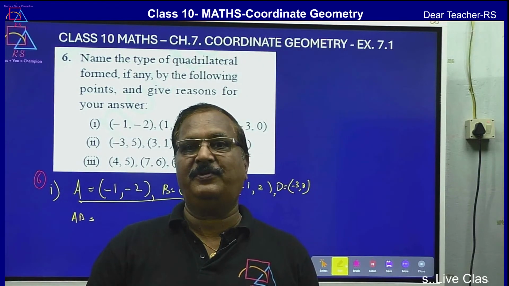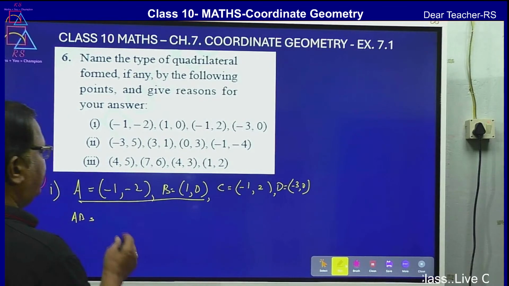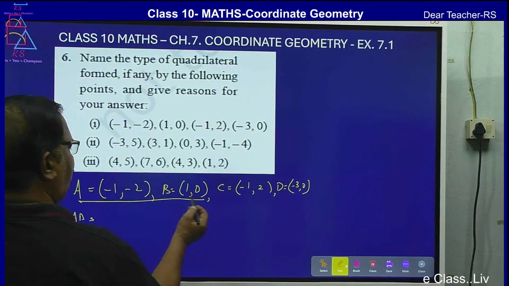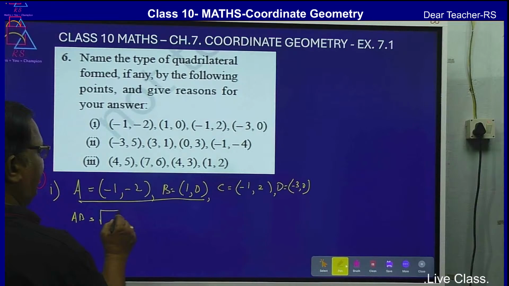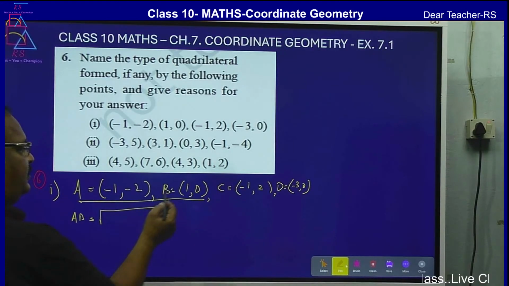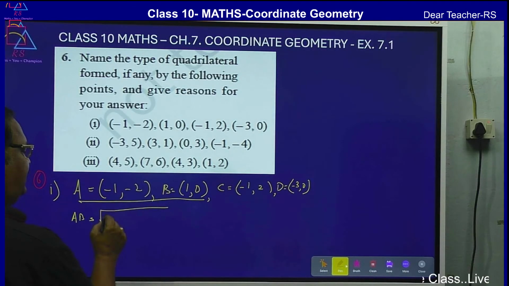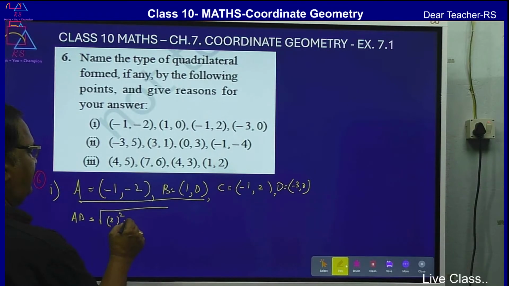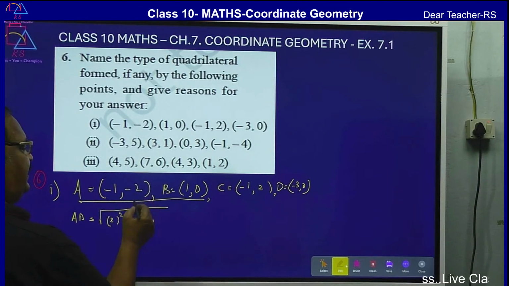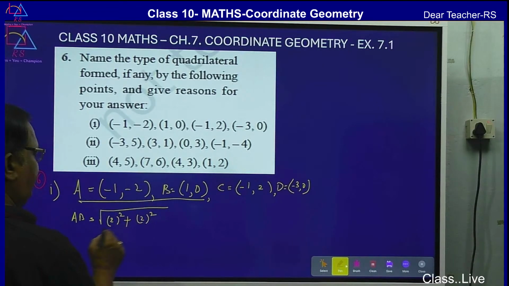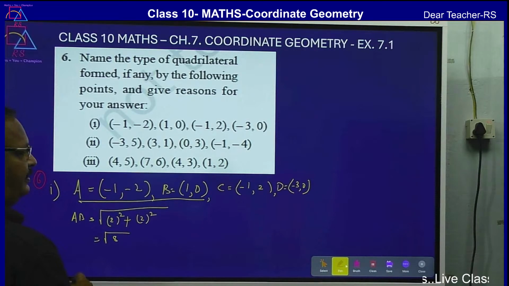I will do it directly because I have a space problem. So (1 minus minus 1) is 2, whole square, and (0 minus minus 2) is again 2, whole square. So it is square root of 4 plus 4, that is root 8.